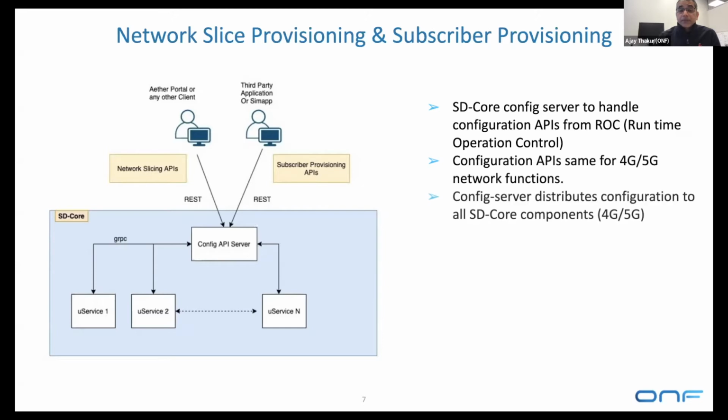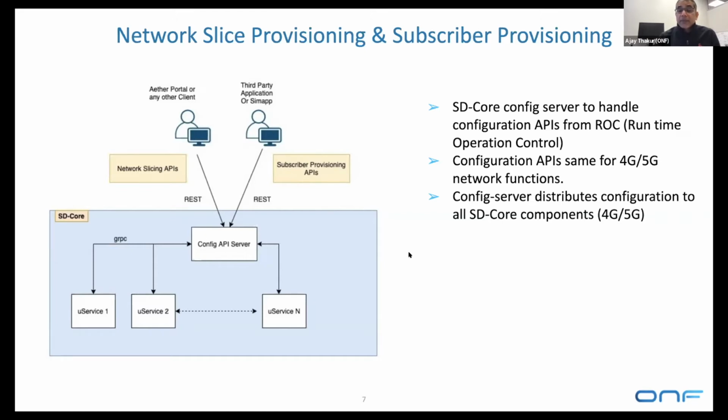So yeah, we take care of distributing the configuration to 4G and 5G, all the appropriate network functions. And then this config server detects the new microservices. It's not like somebody has to tell the config server how many microservices are running. There's service discovery and automatic config push, so the admin need not worry about pushing the config again if there is some fault at the SDCore.